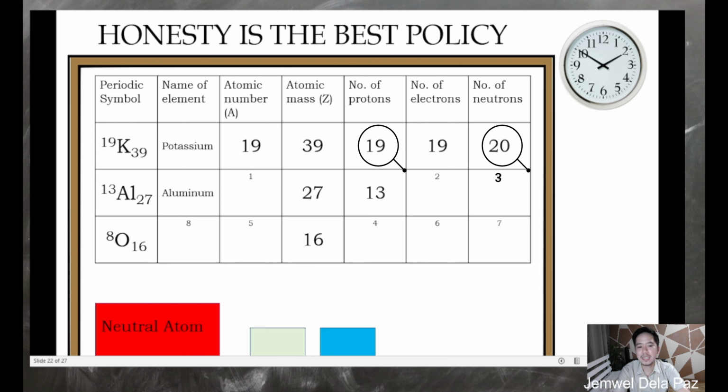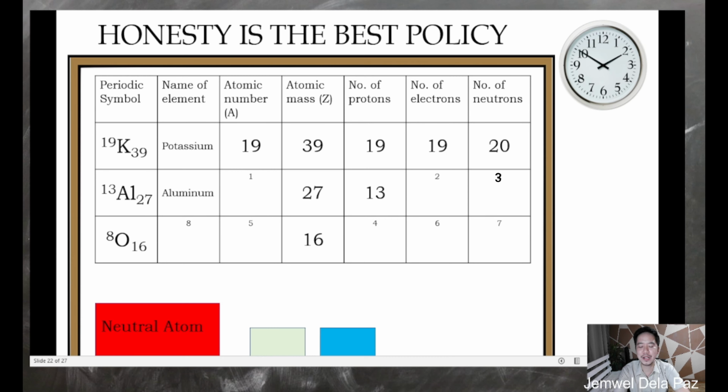Number of protons is 19, number of neutrons is 20. 19 plus 20 is equal to 39. To determine the number of neutrons, all you have to do is to subtract the atomic mass by the number of protons. Atomic mass 39, number of protons 19. 39 subtracted by 19 is equal to 20.